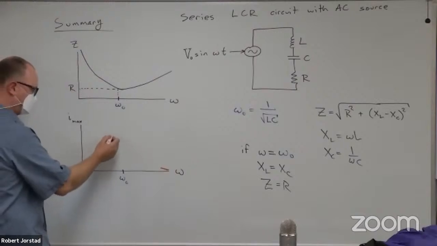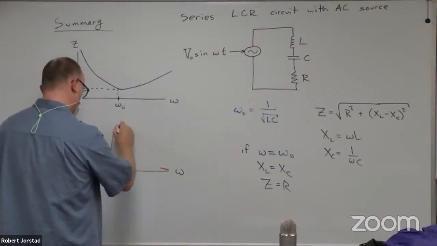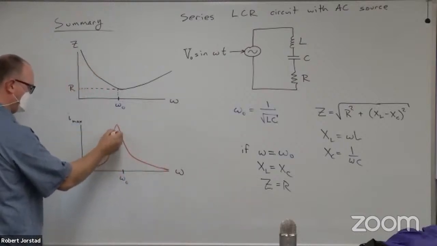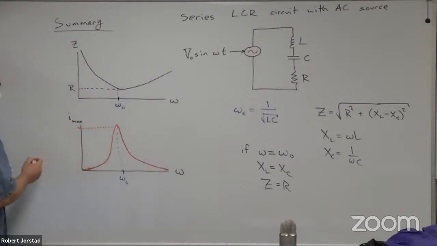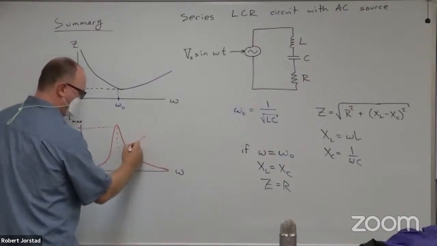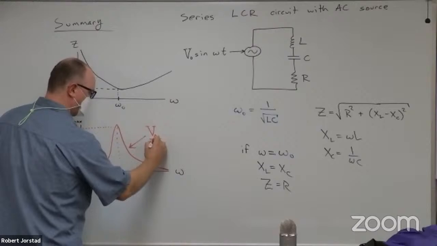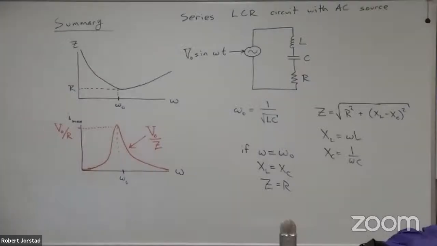And there's a maximum of I max right in the middle. What is the value of that maximum? In general, the value of this curve was V naught over Z. But the special maximum of I max is V naught over R. Feeling good on that?